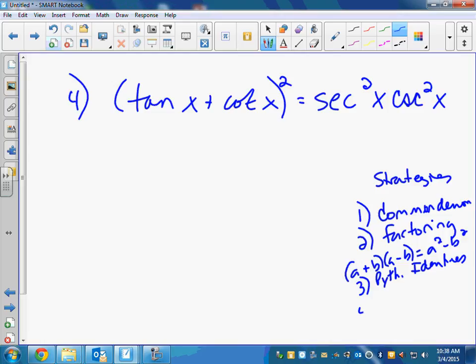What else could we do? Distribute, multiply. I'm just going to put algebra. Change the sines and cosines. Not always the best choice, so try other stuff first.